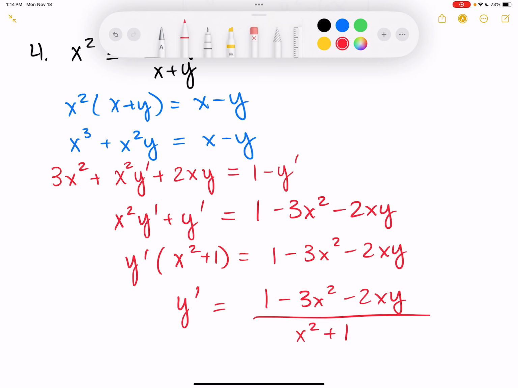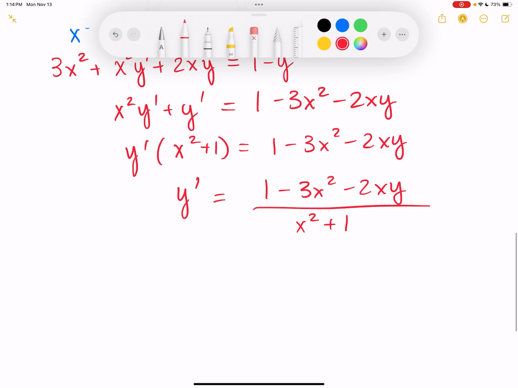Now, the book answer is really extra. I would never write it that way, for the record. The book is crazy. I was going to write that, but I'll just write the book. Just this should be your answer.